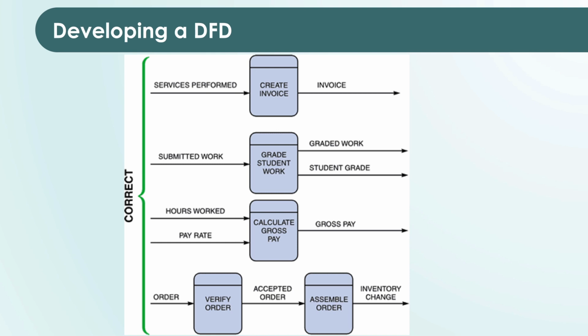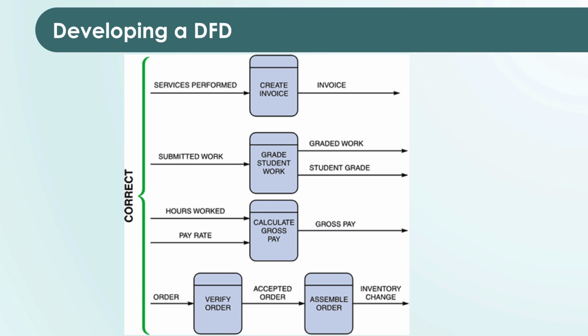There is only one input, that is submitted work. The process is grade student work and the output is the graded work and also the student grade. This situation is also possible. For example, you just submit your work and then your task will be graded by your lecturer.